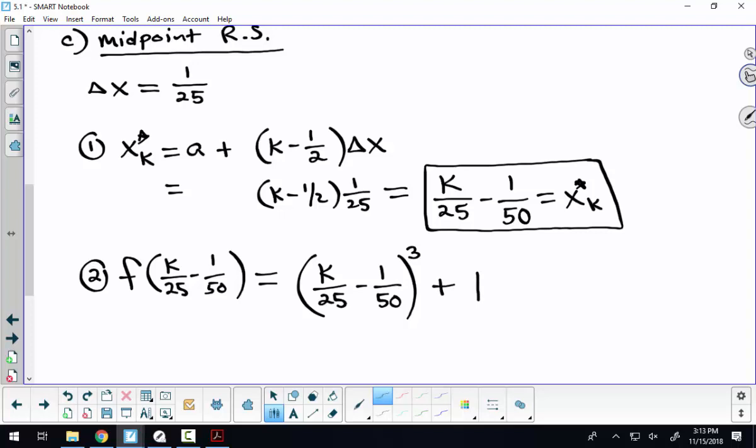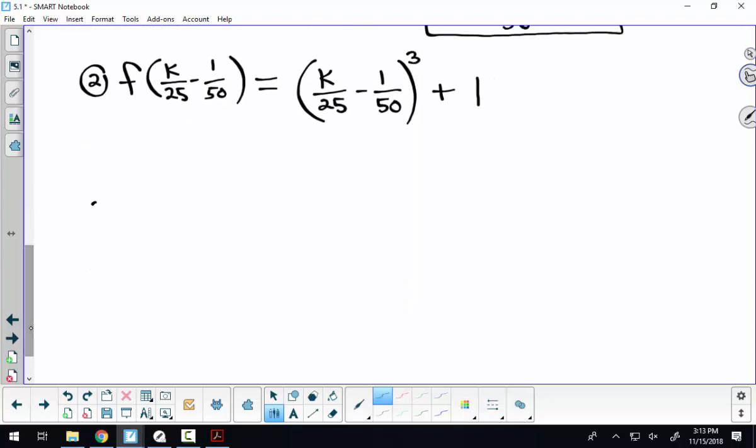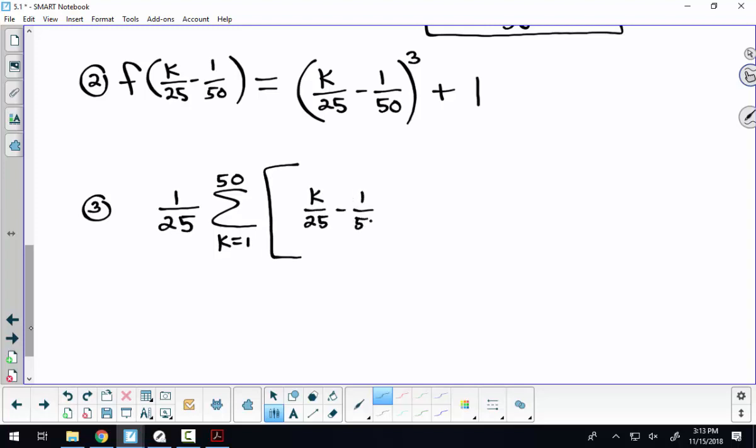In front of the summation, so our delta x times the sum from 1 to 50 of all of this stuff. And that's our delta x sum.